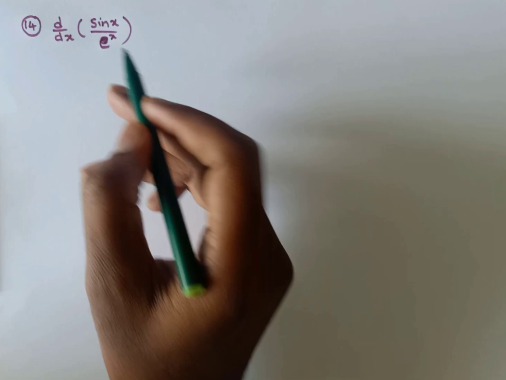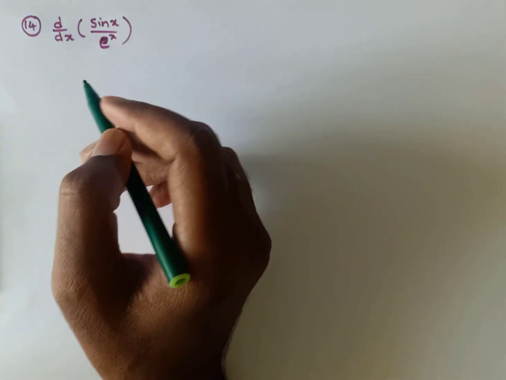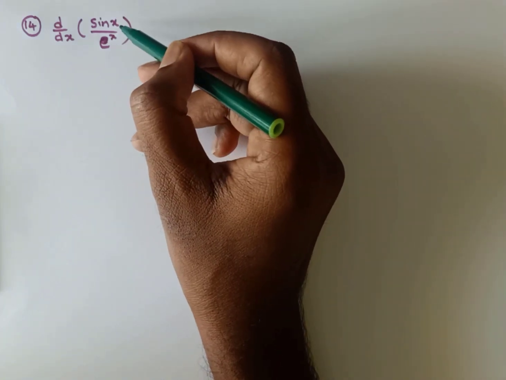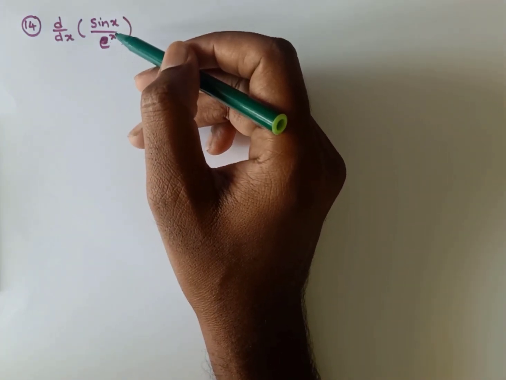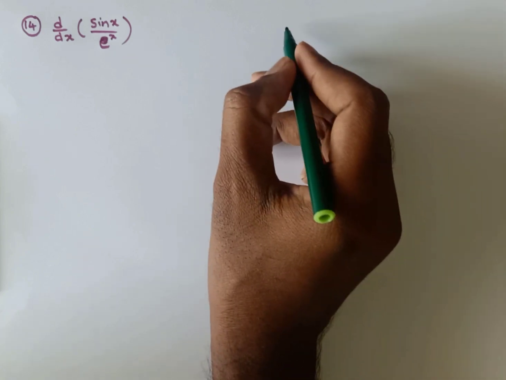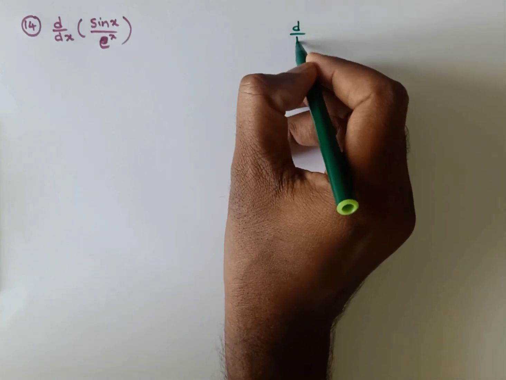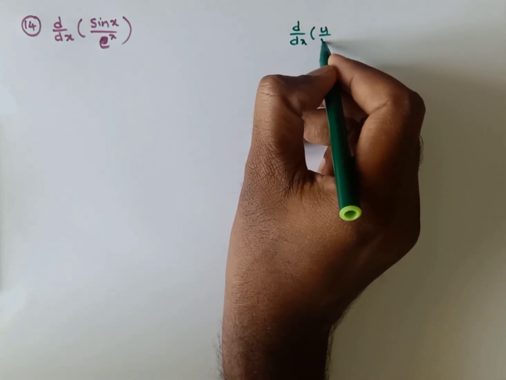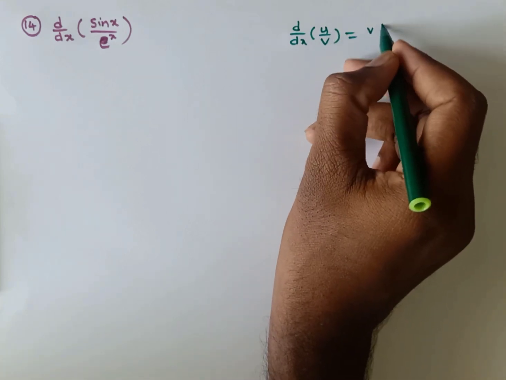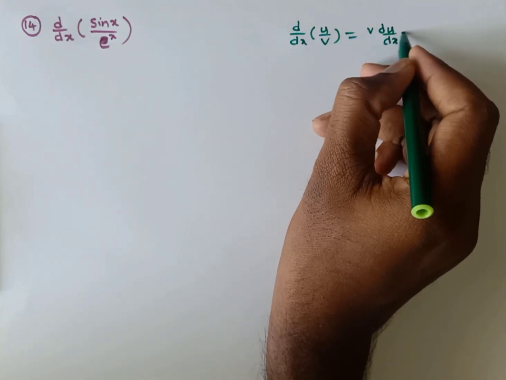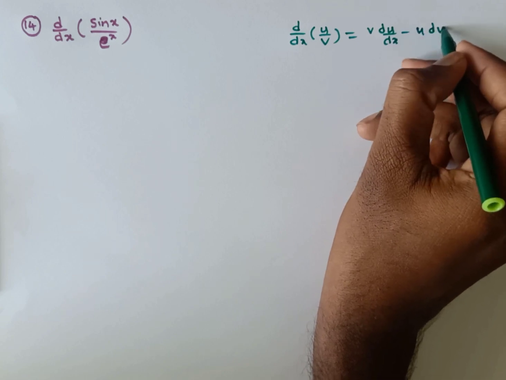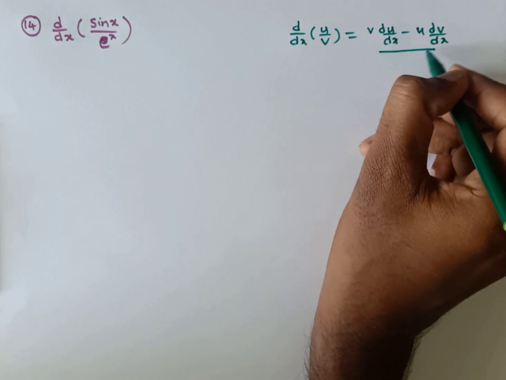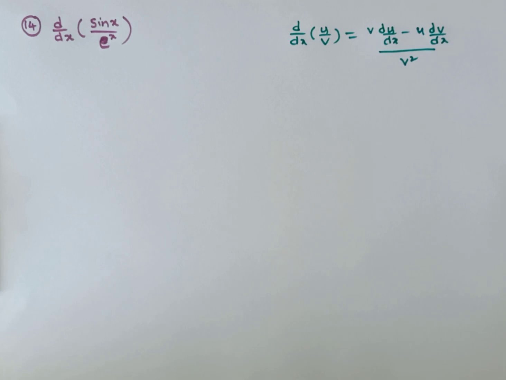Then the 14th, d by dx of sin x by e power x. It is in the form of u by v, so apply the u by v formula. First recall the u by v formula, d by dx of u by v, that is the quotient rule: v into du by dx minus u into dv by dx, divided by v square. Apply the same formula.